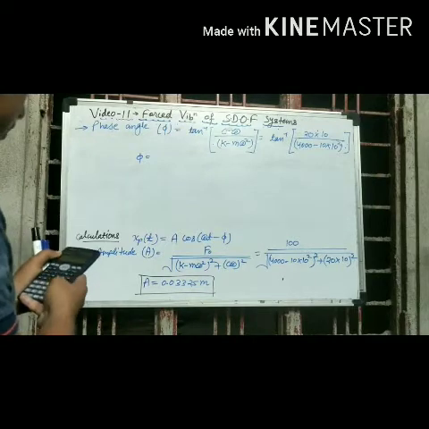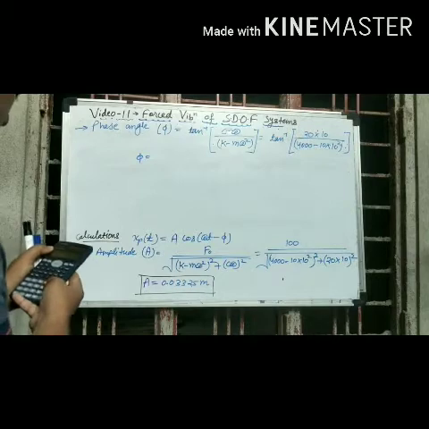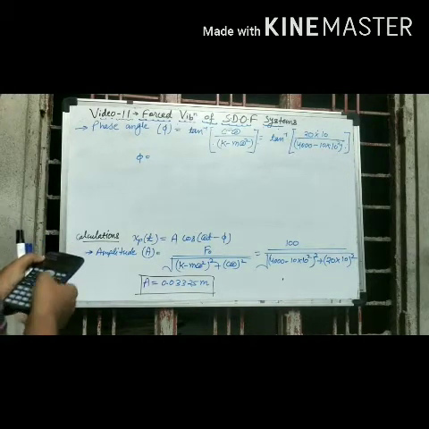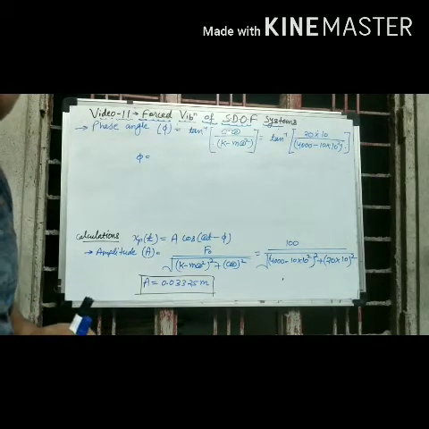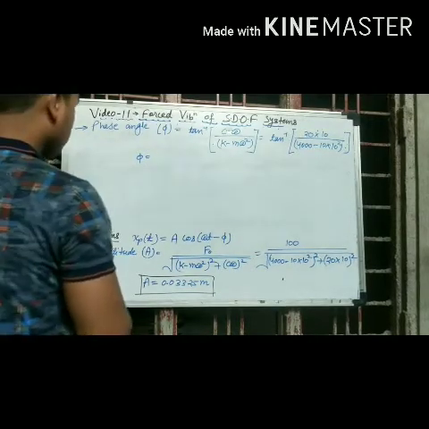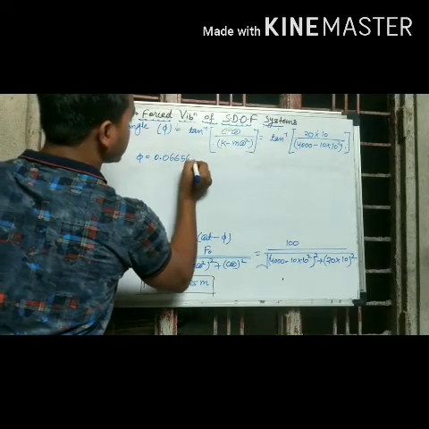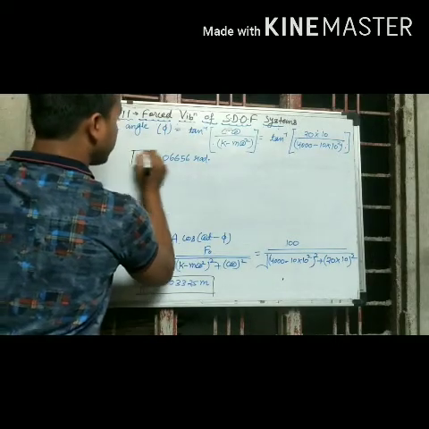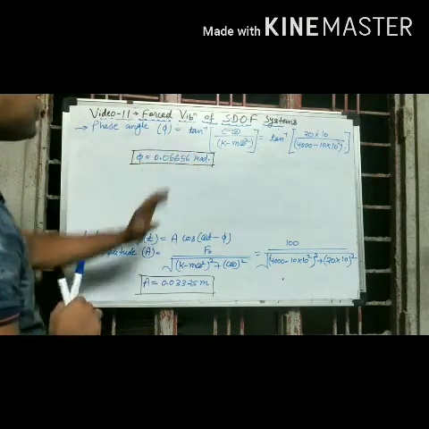So 4000 minus 10 into 100 is 1000, so 3000 divided by 200. Inverse of that is this much, and tan inverse of that is 0.06656. So the phi value is 0.06656 in radian. This phi is in radian because I changed my calculator mode to radian mode, so the phi value I am going to get is in radian only.